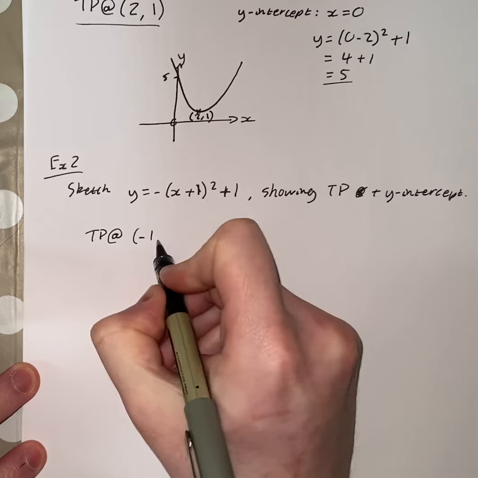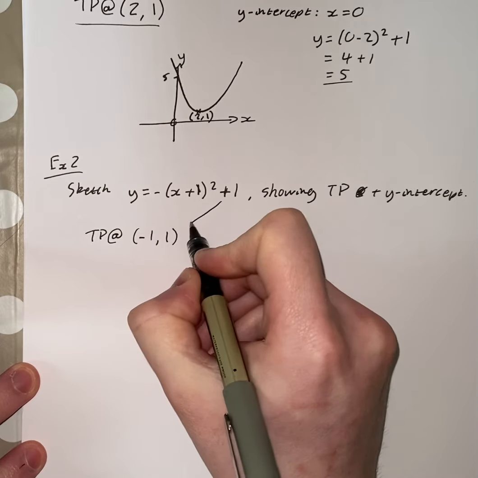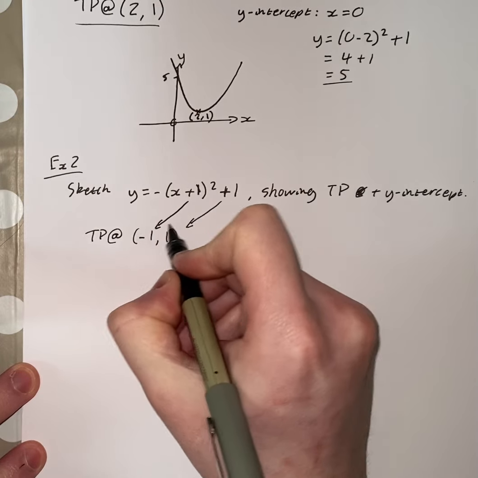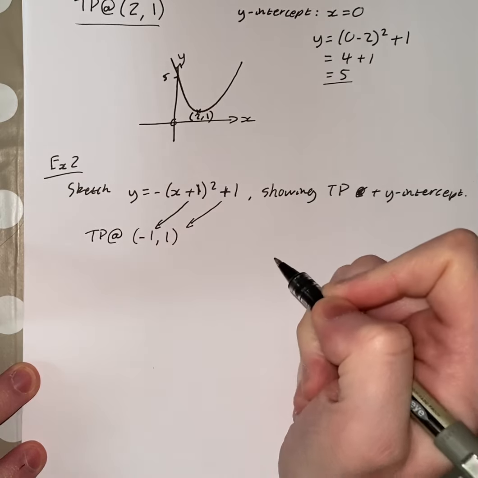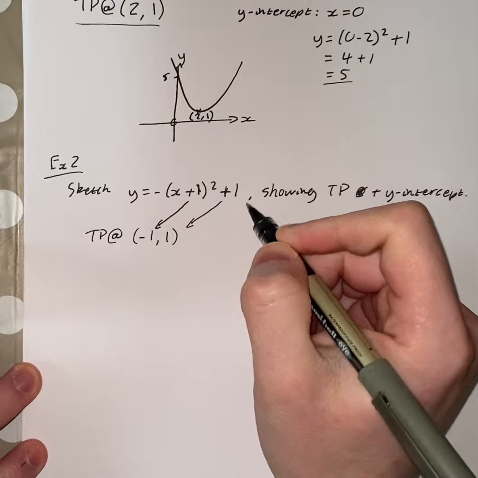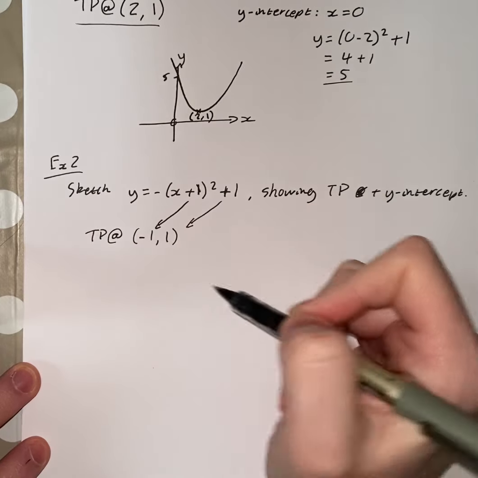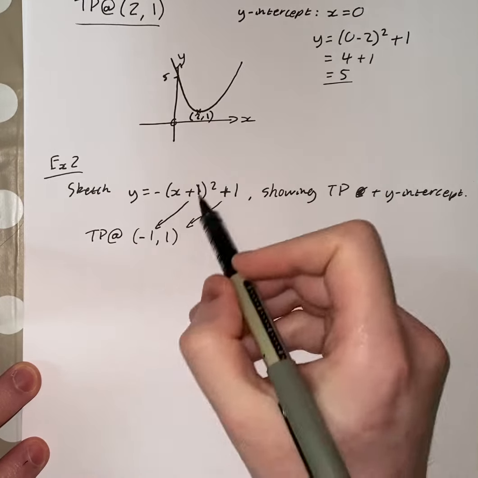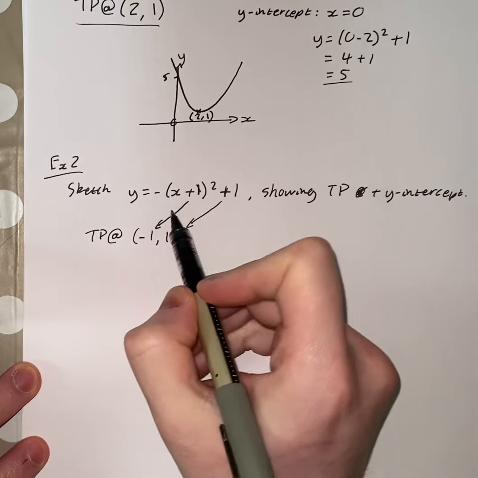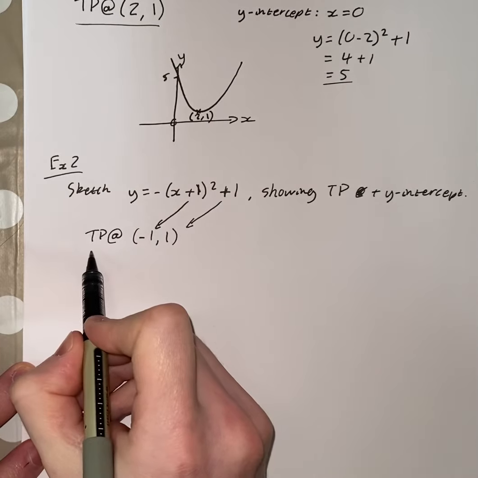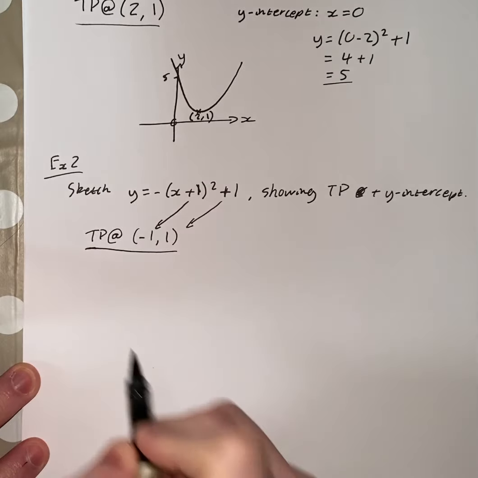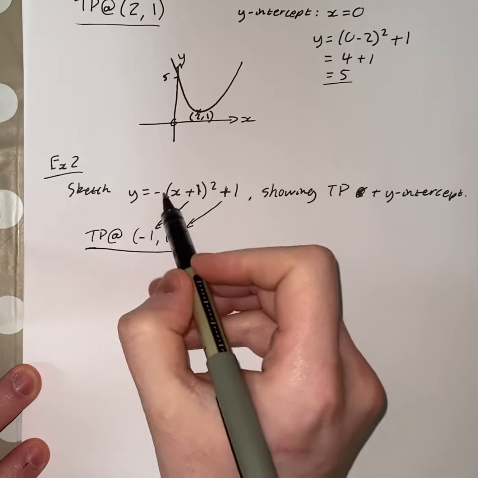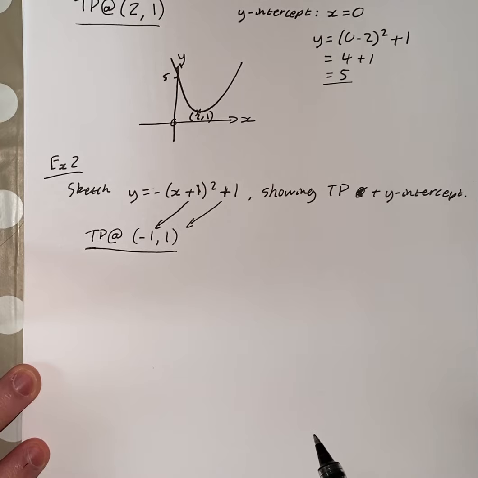This time, (-1, 1). The second number stays the same, and the sign of the first one changes. Because this is positive, this becomes negative. In terms of where the turning point is, this negative outside the bracket has no impact on the turning point at all. So that process stays exactly the same.